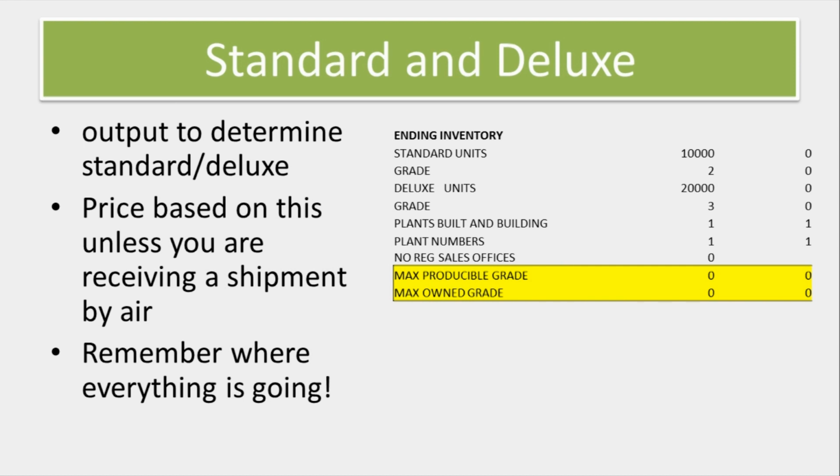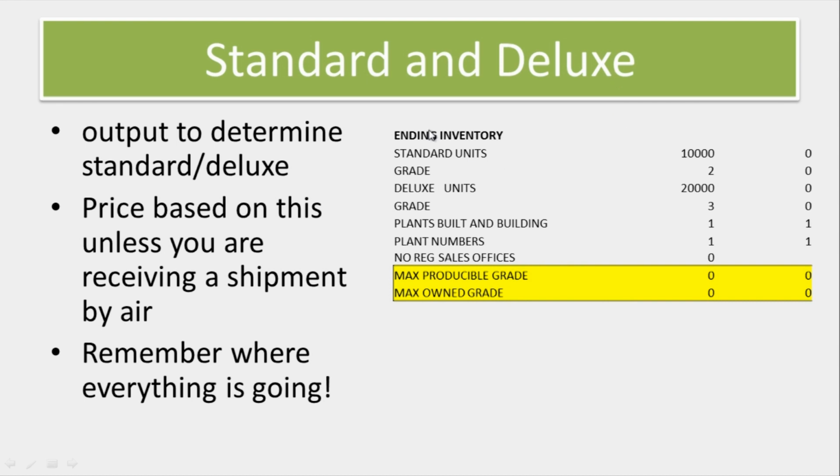Now, in terms of standard and deluxe goods, this is sometimes a bit confusing in the game and hard for students to grasp. It's important that you understand the difference between your standard and deluxe products when you're going to set prices in a particular period.